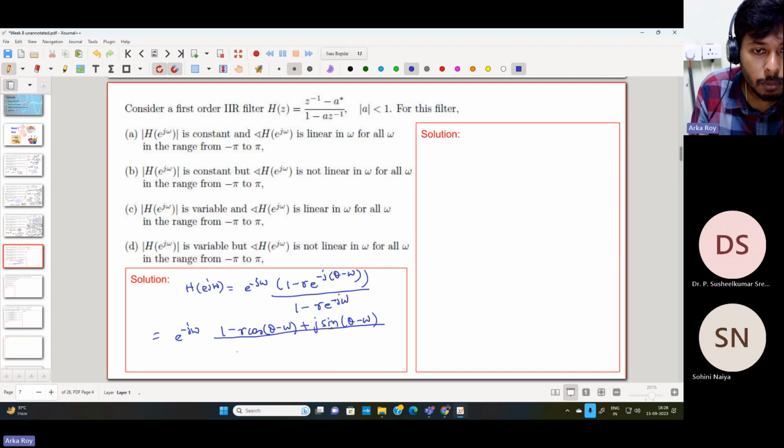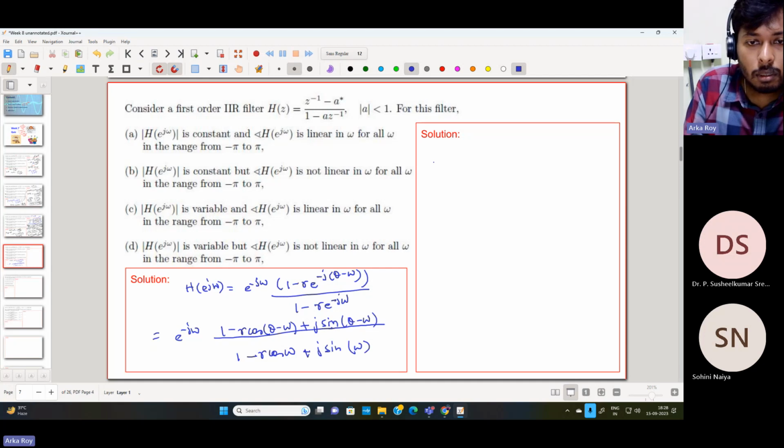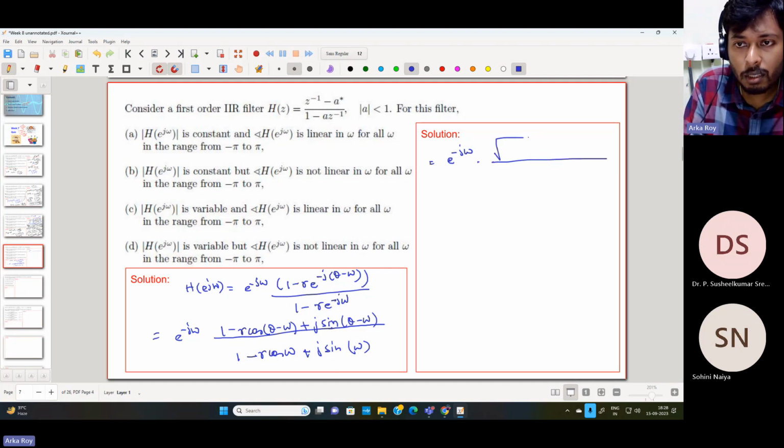And over here, it would be 1 minus r cos of omega, plus j sine of omega. Here I'm bothered about the angle part, so I will not be focusing on the whole calculation of this magnitude and the phase.